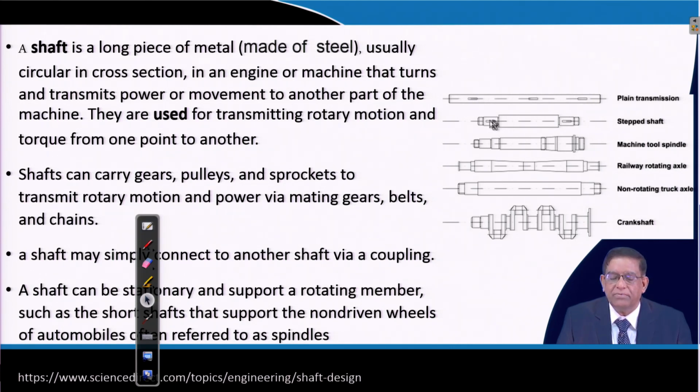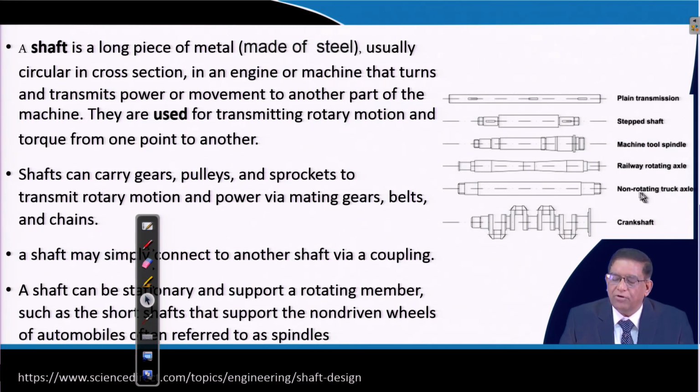Here we have a stepped shaft, in which different parts of the shaft have different diameters depending on the particular load and application. Such shafts are designed for that purpose. You have the machine tool spindles, where the diameters at different sections are also different. You can see the railway rotating axle, where the two wheels of the railway are mounted at the ends.